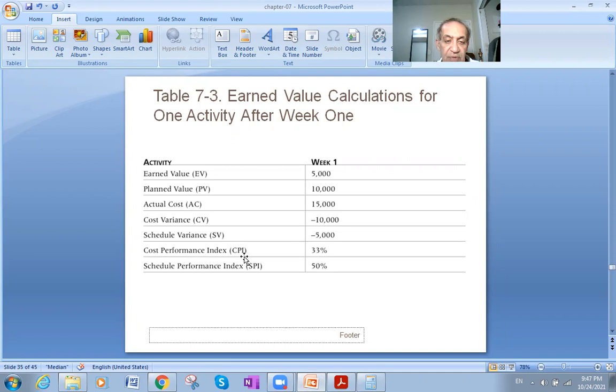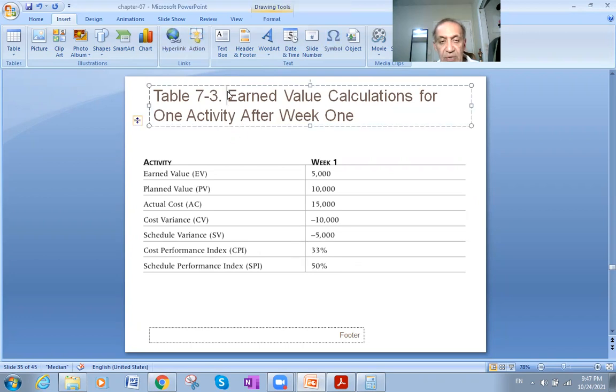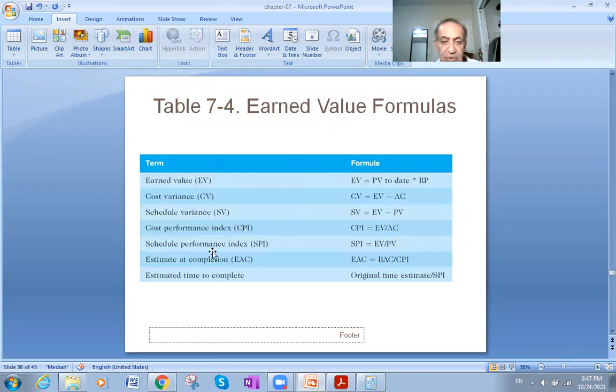Also, we have the cost performance index and the schedule performance index, exactly like in the previous example which I showed you. And here is how we will calculate them, and those are the formulas.